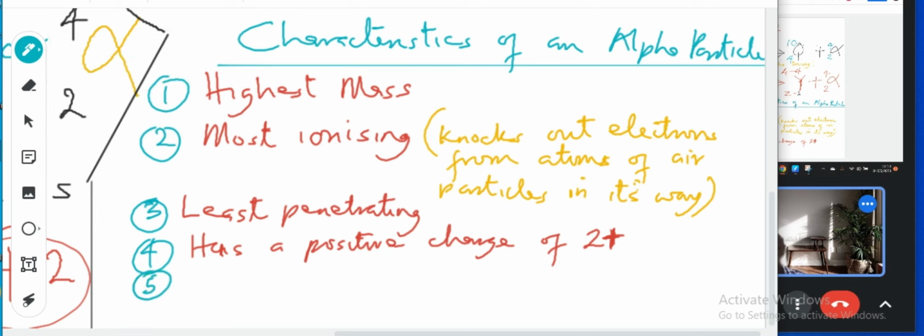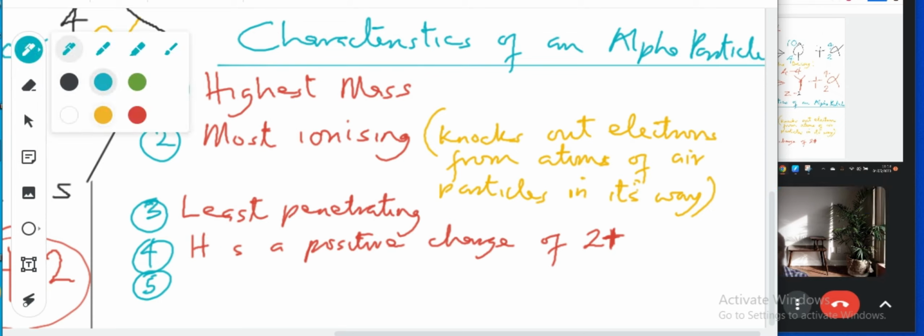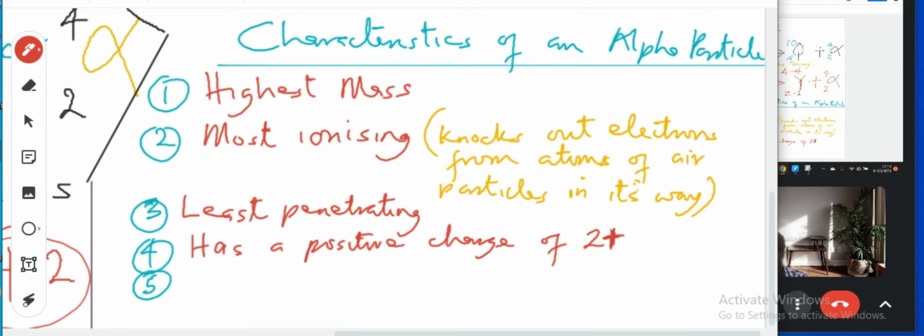Did you hear that? Yeah. In fact, because it has a charge, it will be deflected in an electric field.